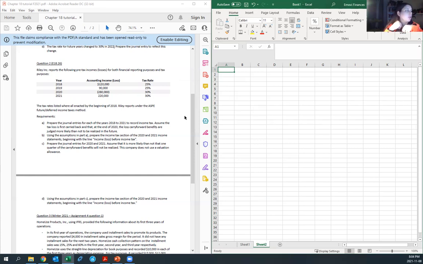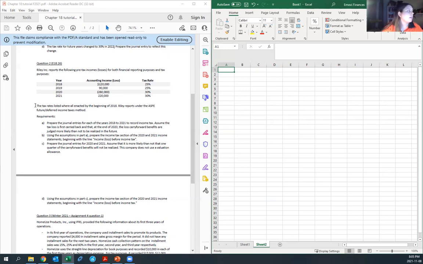So first, you're going to want to prepare the journal entries for each of the years 2018 to 2021 to record income tax. Assume that the tax loss is first carried back, and then at the end of 2020, the loss carry forward benefits are judged more likely than not to be realized in the future.